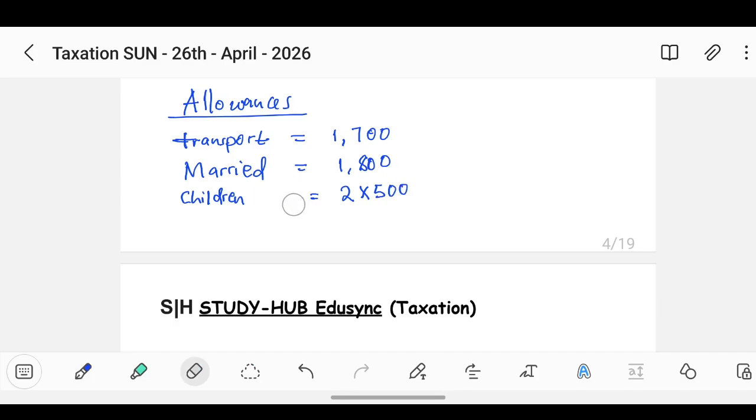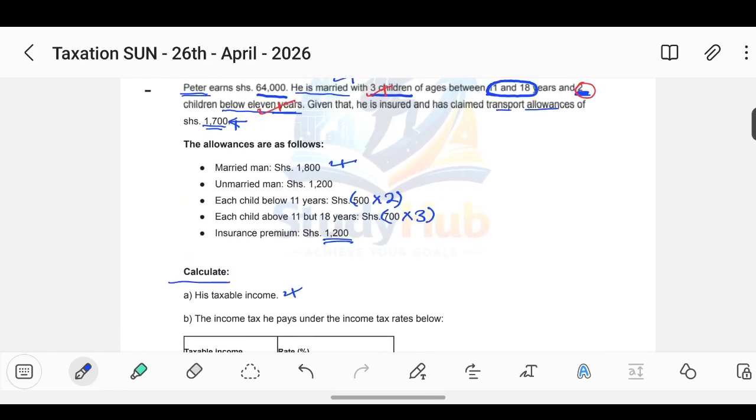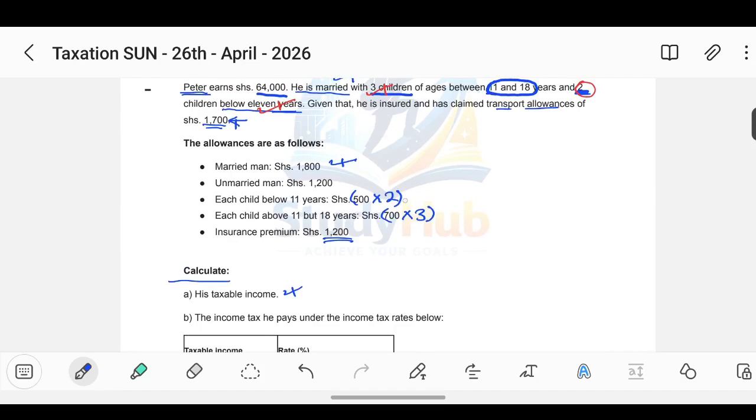Okay, let's do this. Children below 11, they are 2, so it's 2 times 500, as you can see, 2 times 500 there.